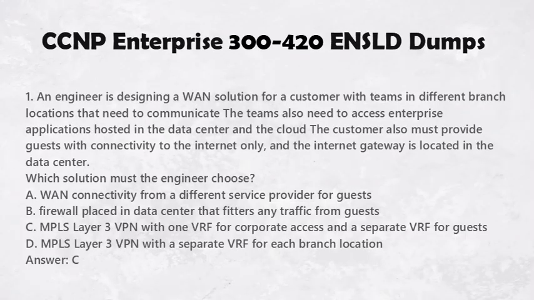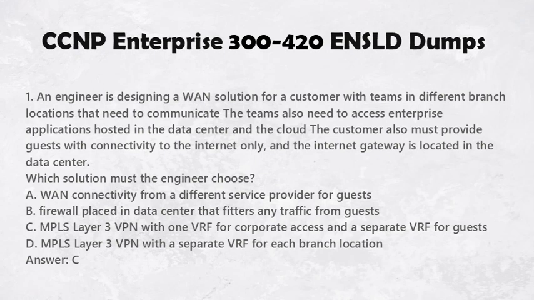1. An engineer is designing a WAN solution for a customer with teams in different branch locations that need to communicate. The teams also need to access enterprise applications hosted in the data center and the cloud. The customer also must provide guests with connectivity to the Internet only, and the Internet gateway is located in the data center. Which solution must the engineer choose?